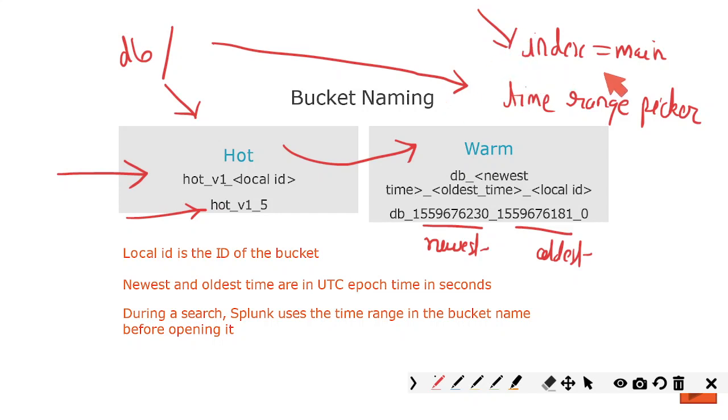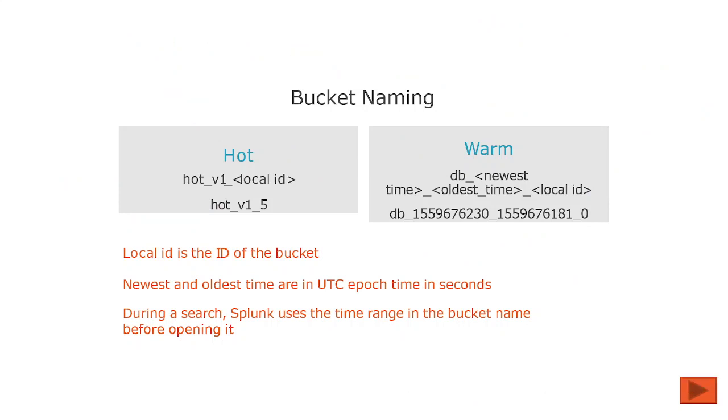If you specify the index name, Splunk knows in which directories the data has to be searched. Similarly, if you specify the time range, from the naming convention of the bucket directories, Splunk will know which directories to search. That becomes very important to optimize the performance of our searches or SPL queries.